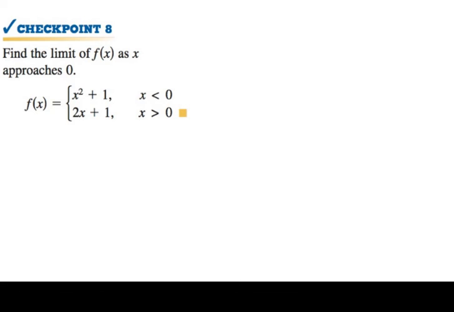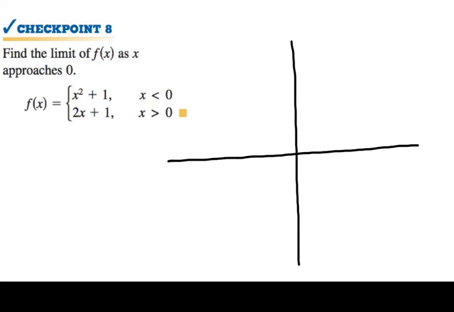Now this one you would have to draw. So let's draw this one. X squared plus 1, we know, is going to look something like this. Just sketch it. Beautiful sketch right there is fine. And then 2x plus 1, we know is up 2, right 1, something like that.